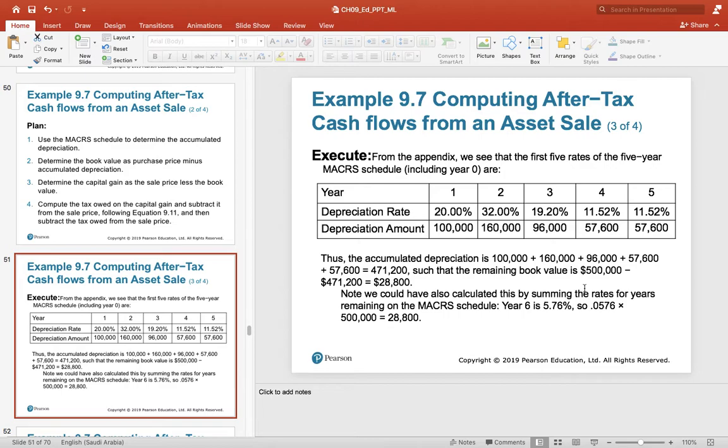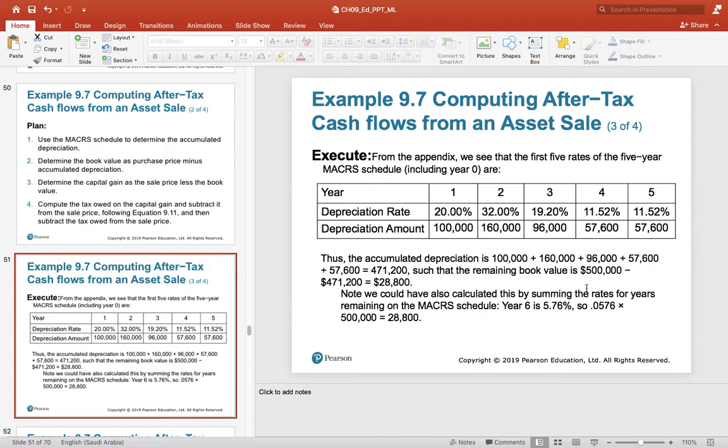Total depreciated value till now, year 1, year 2, year 3, year 4, year 5, is 471,000. Right? So 5 years finished, all depreciation is charged. So the book value remaining: 500,000 was the purchase price. Already depreciation charged 471,200. That means the book value remains 28,800.